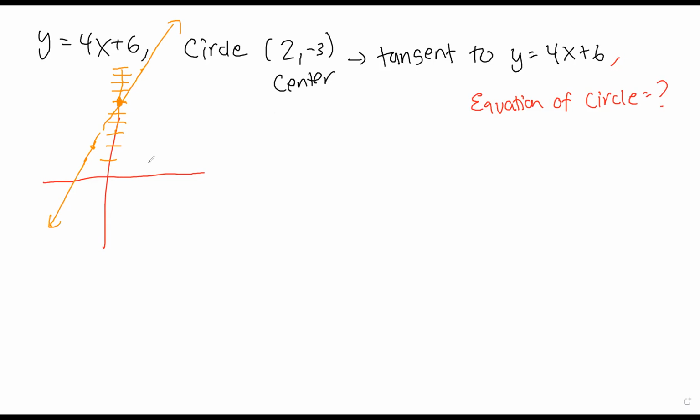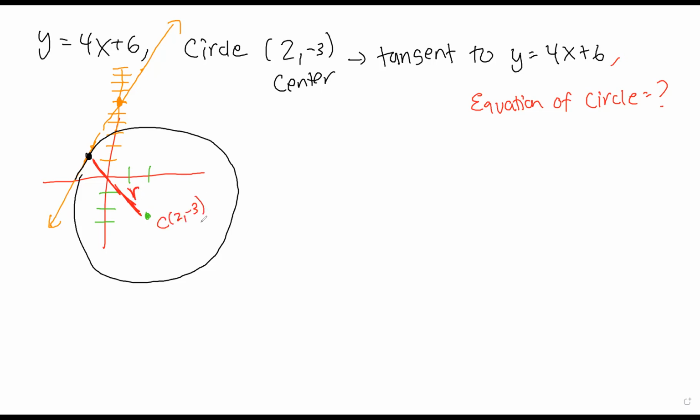It's just a rough sketch, and we know (2, -3) is somewhere around here. If we draw a circle around this, it would look something like that, and it intersects somewhere around here. So the radius would be this, right? The center to there is the radius, and the center is (2, -3).